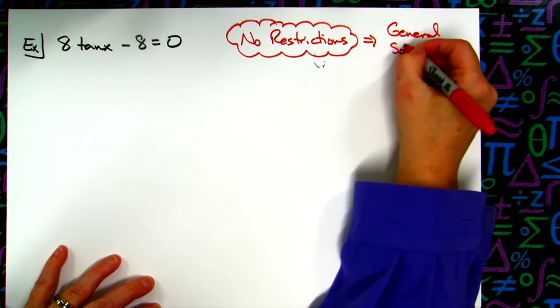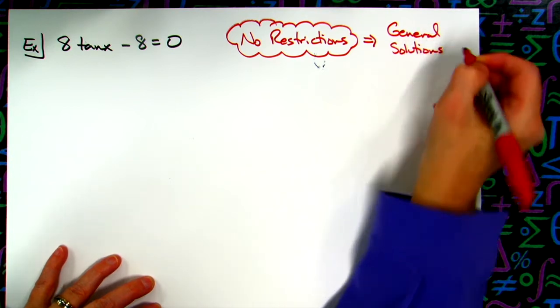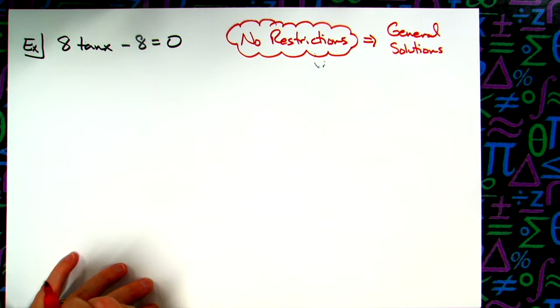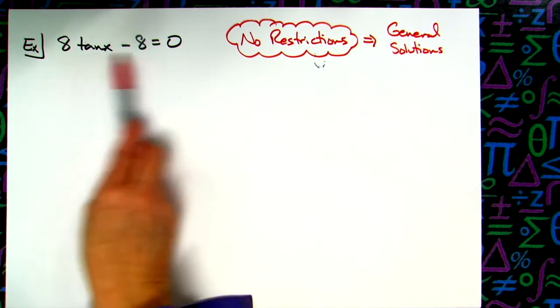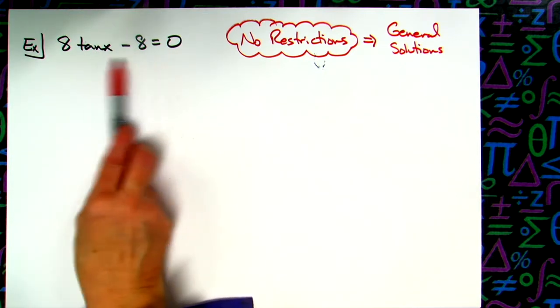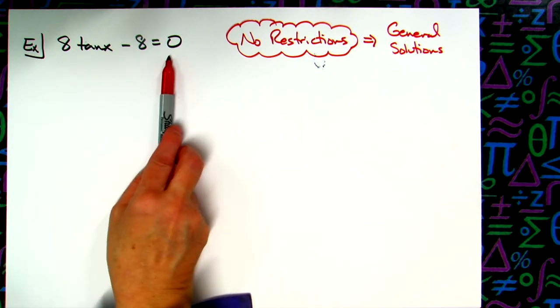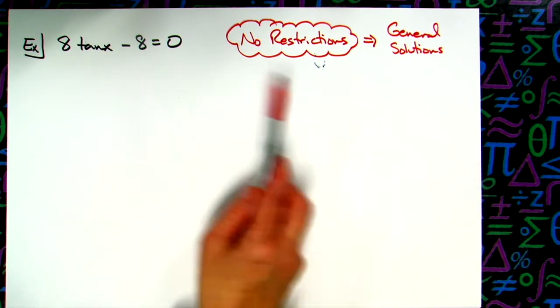Okay, so what I want you to do is, don't write the general solutions, just see if you can solve this. Do the algebra first, and then get to the place where you would then use a unit circle.